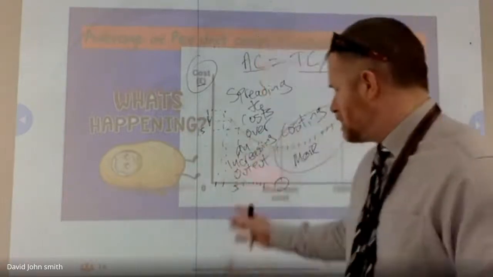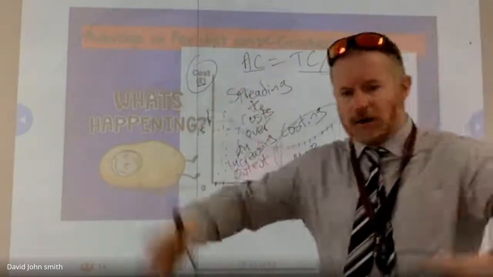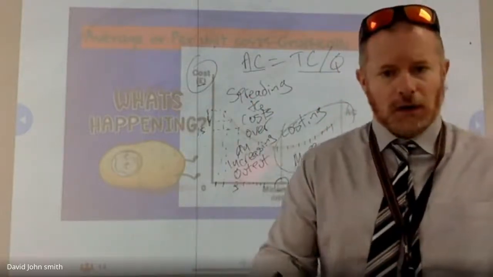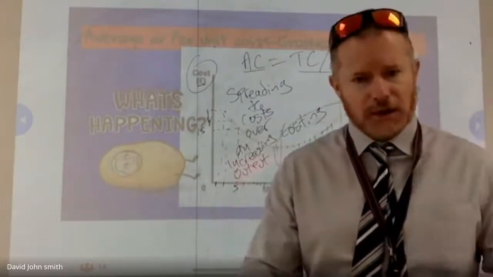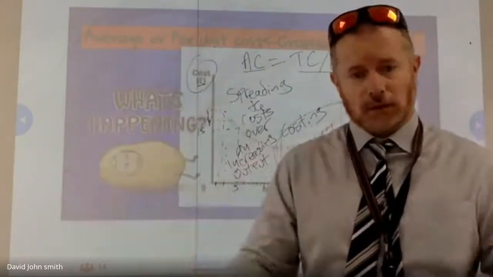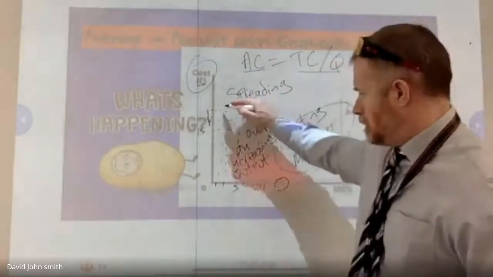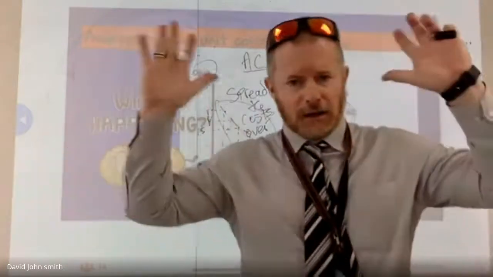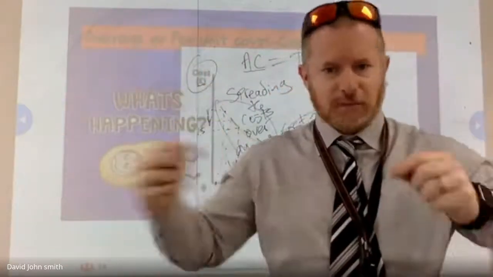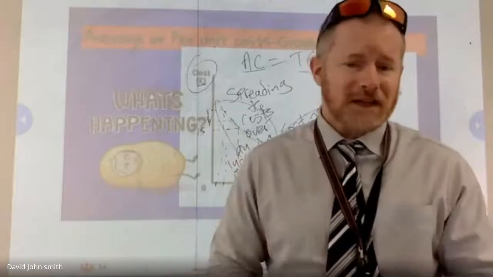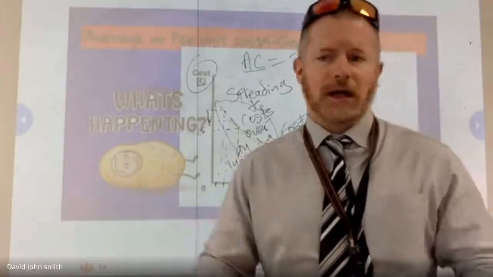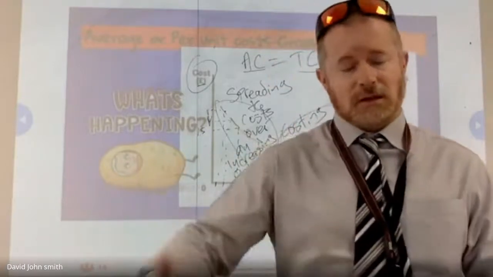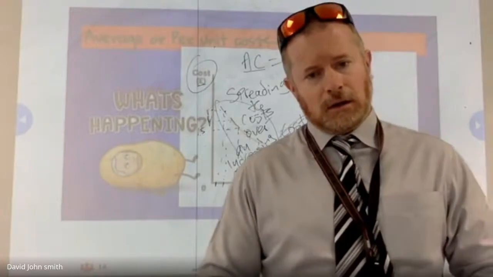Yeah? Maybe you've reached a point where you've done everything you can in your business, but to produce even more, you're going to have to hire even more workers, and that's going to cost you even more, right? So maybe this is all the workers, they're doing their best, absolutely fine, wonderful, brilliant people, they're producing more and more and more. But eventually, you're going to reach a point where they can't produce anymore. You've then got to hire even more workers, and that's going to start costing you more. Yeah.